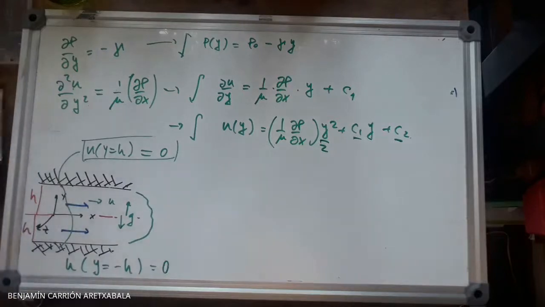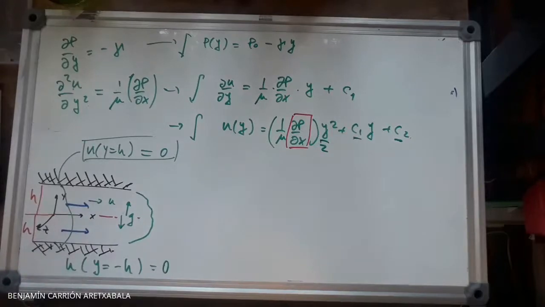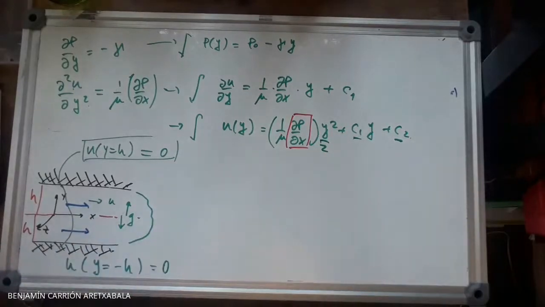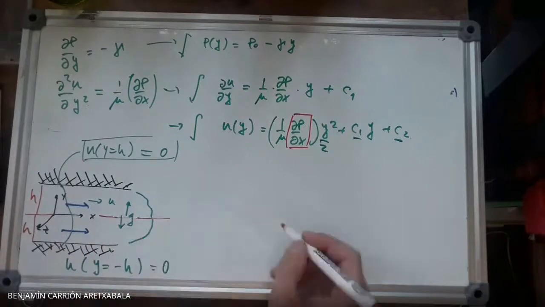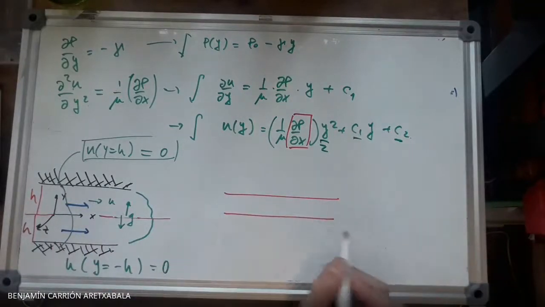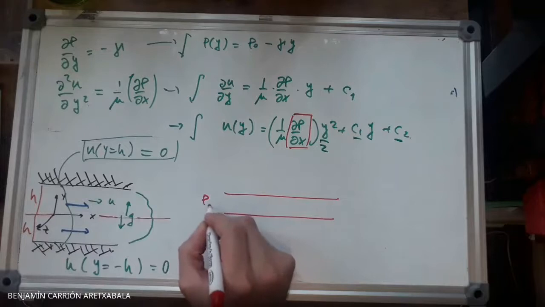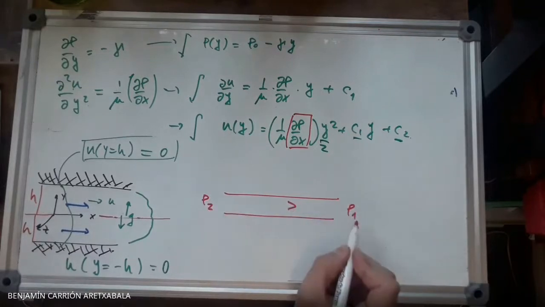I'm being asked, do we leave this thing just like that? Okay, what's dp at dx? dp at dx is the rate of change of pressure along x. X is this direction. So we're being told this is a tube that is horizontal. But in order for water to move, you need pressure here, let's say P2, you need this pressure to be larger than this one.